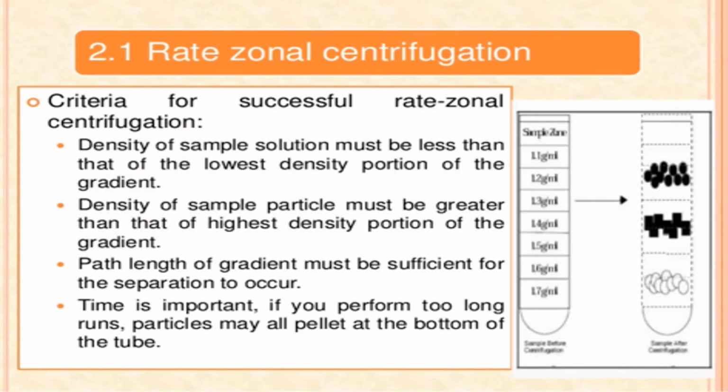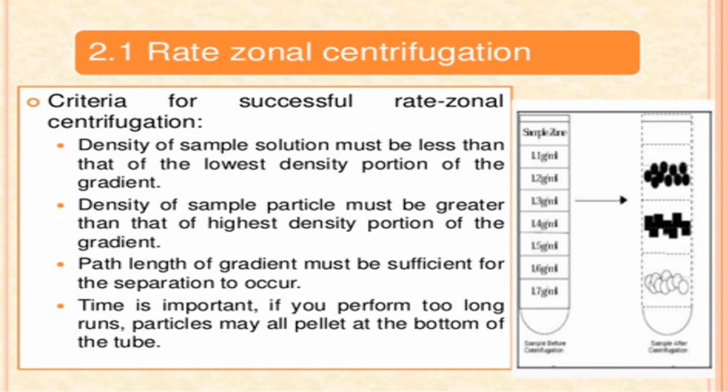In rate zonal centrifugation, we make the sucrose solution layer after layer. For example, the first layer has sucrose solution at 17 g per ml, then 16 and 15 g per ml, then 14, 13, 12, and the lightest, 11, at the top. At the bottom the density is 17.